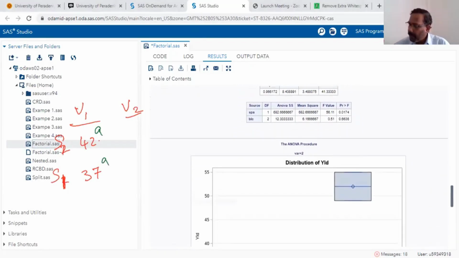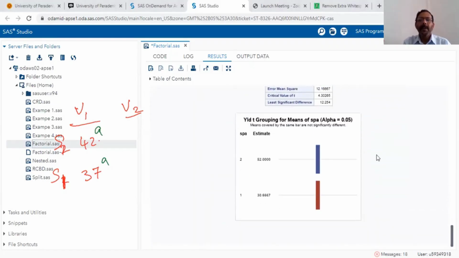Variety 2, from the model, you can see it is significant. So we could see there's a difference between these spacings for that particular variety. Let's look at that. Yes, this is the output.